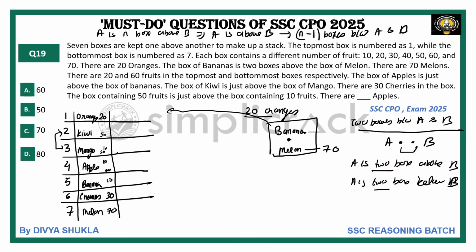So we have already found three numbers. Just a second, let me erase this part. Okay, what we can think of here.